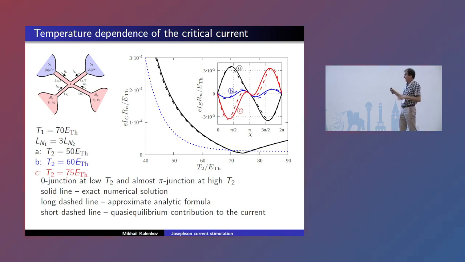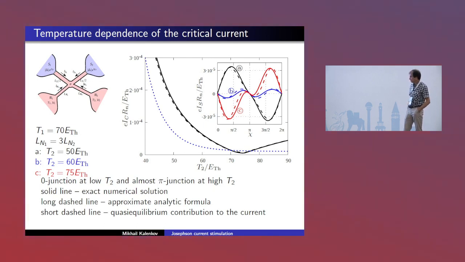Well, I will say that for simplicity here, we consider the situation where the temperature is much less than the superconducting gap and much larger than the Thouless energy. But actually, the first restriction, that the temperature is much less than the superconducting gap, is not too restrictive. So this temperature can be around the superconducting gap, so of that order.